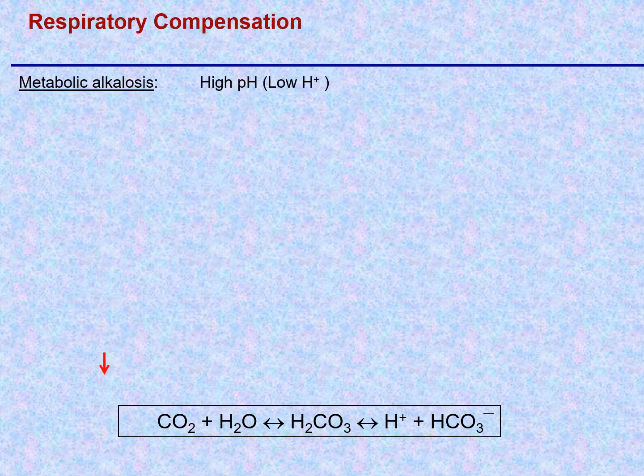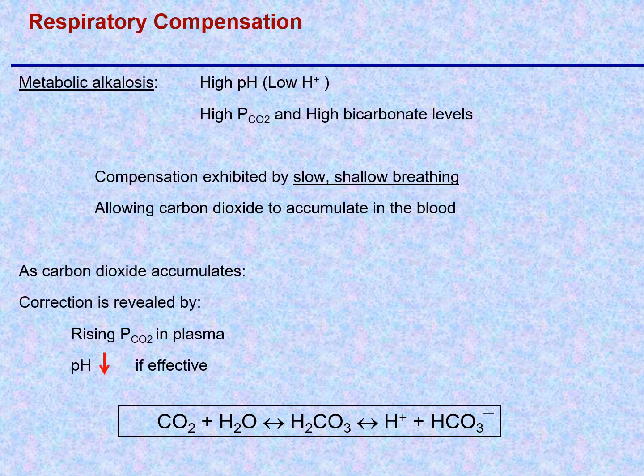What about respiratory compensation for metabolic alkalosis? In this case, you have a high pH, right? And you'll see a high PCO2 and high bicarb. Compensation is via the respiratory system for this metabolic imbalance. Metabolic alkalosis is compensated by slow, shallow breathing.